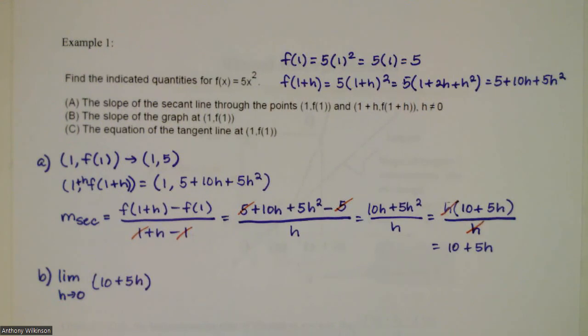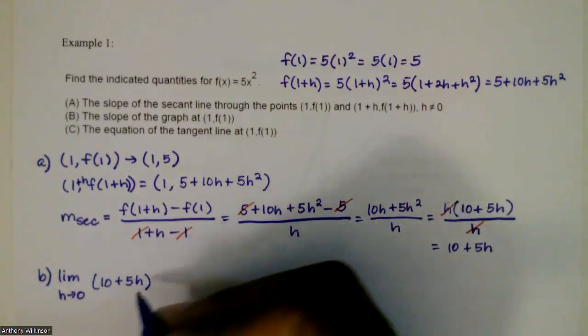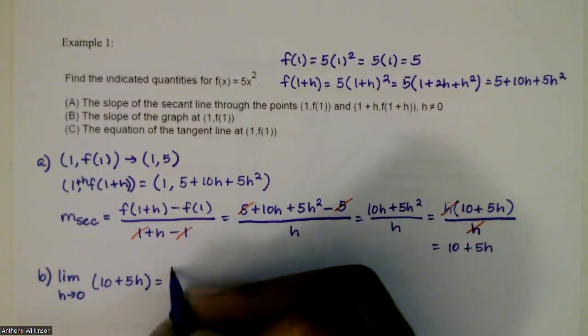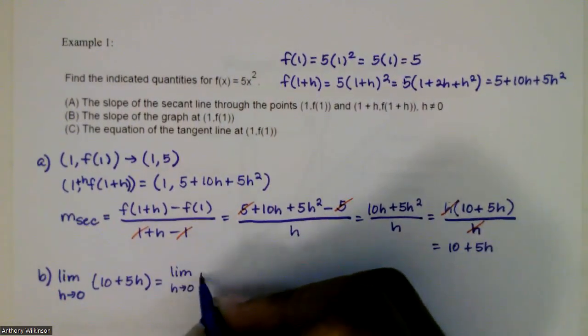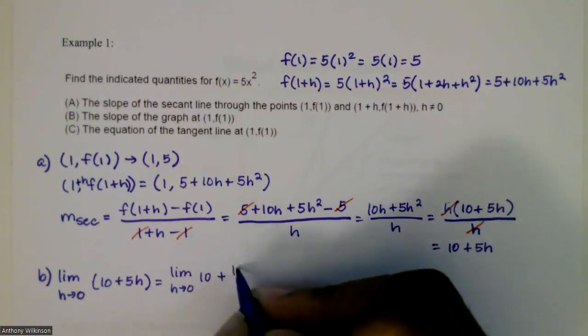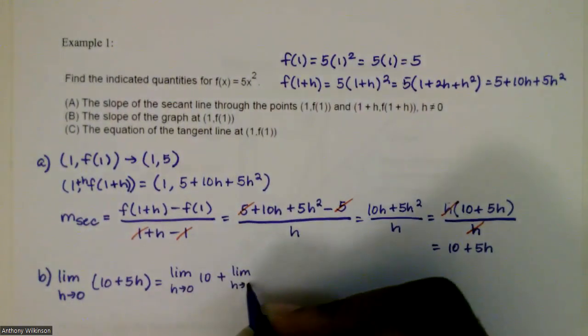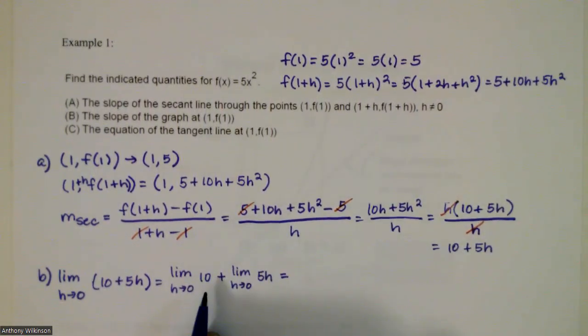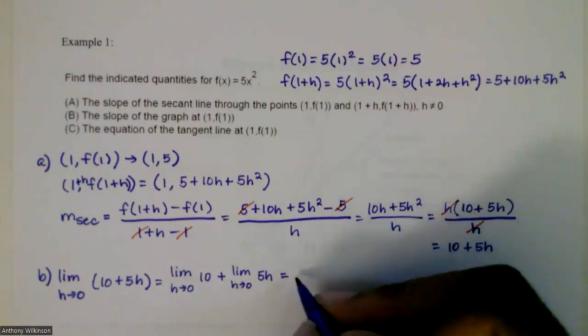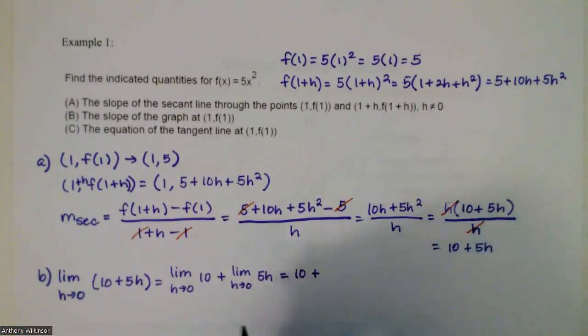Now, we have a limit of a sum. We can write this as the sum of their individual limits. So it'll be the limit as h approaches 0 of 10 plus the limit as h approaches 0 of 5h. Well, the limit of a constant is just going to be a constant. So we're going to have 10 plus the limit as h approaches 0 of 5h.